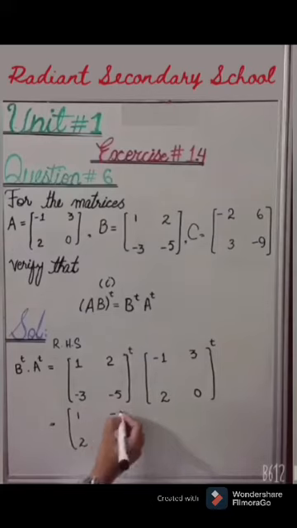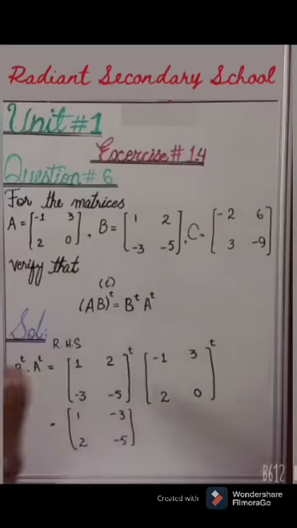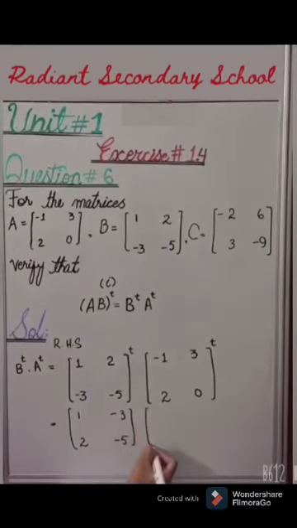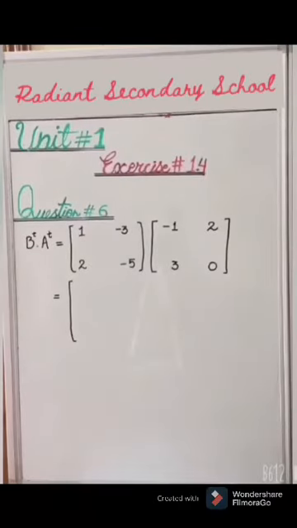We will have minus 3 and minus 5, and this will be our B transpose. For the A transpose, let's change this row into a column, and I will have minus 1, 3, and this row into a column we will have 2 and 0. Now we will multiply both transpose matrices, which is B transpose into A transpose.